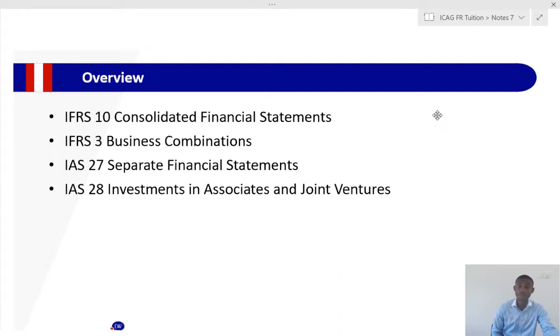IAS 27, Separate Financial Statements, talks about how we account for investment in the individual accounts of the investor, be it a parent or a normal investment.